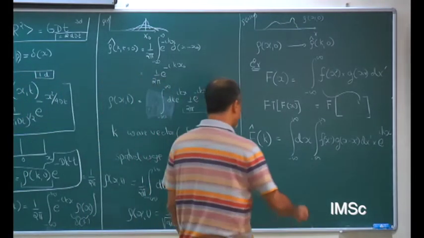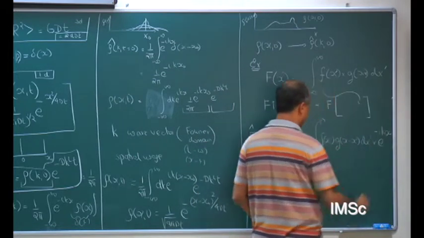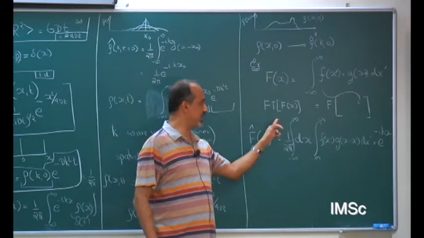And here I must be a little careful about factors. I must put a factor 1 over 2 pi here and put a minus sign here, because this is technically an inverse transform.